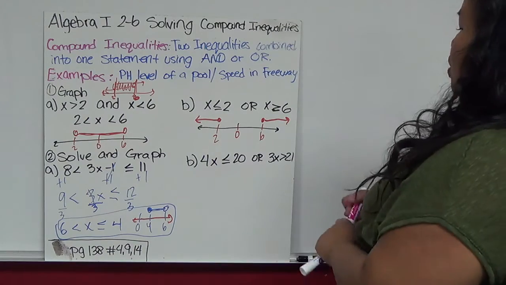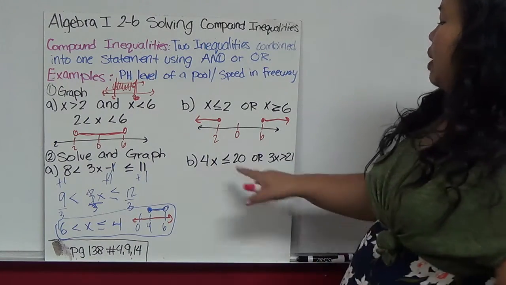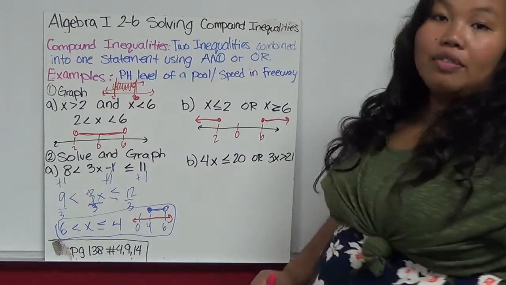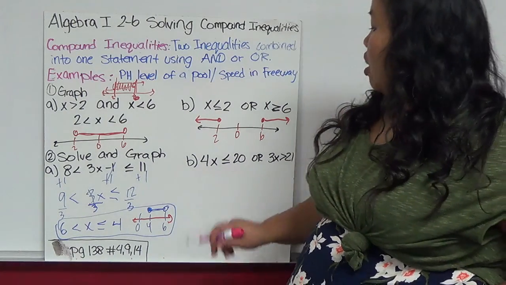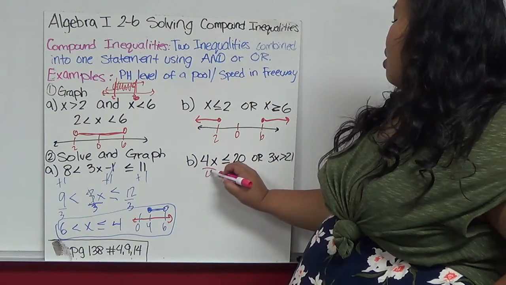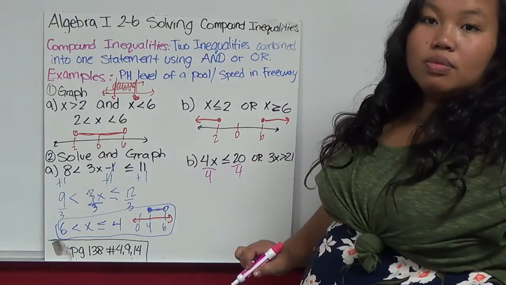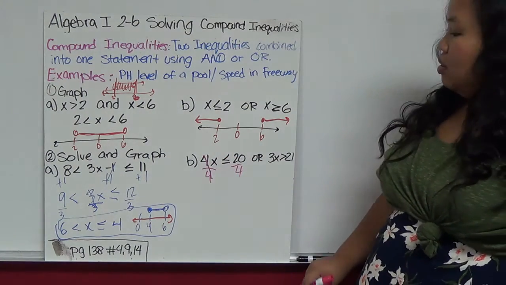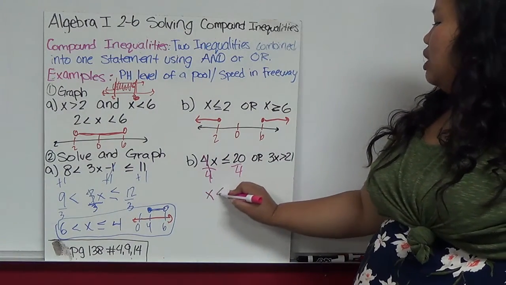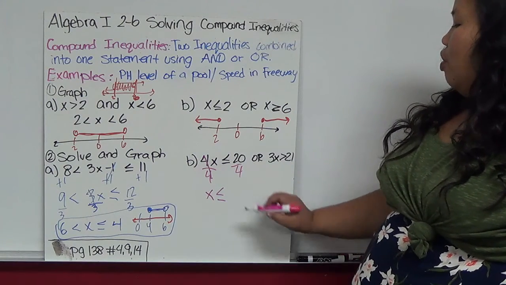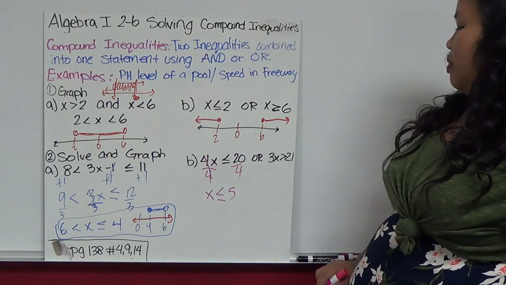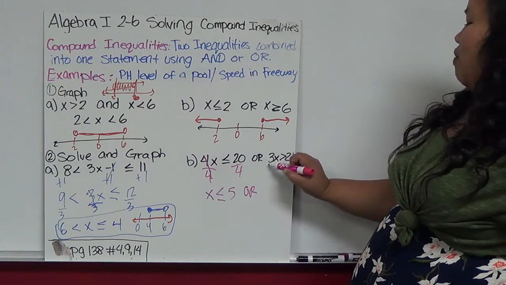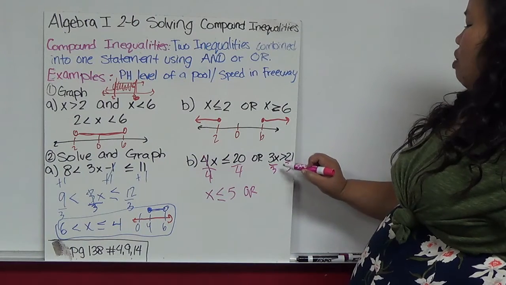Okay, let's try the next one. These ones are a little simpler because I just treat them like two separate problems. So if I want to solve for x here, I have to get rid of the 4. If it's being multiplied, well, I'm going to go ahead and divide both sides by 4. Okay, so if I'm dividing both sides by 4, I'm going to cancel this out. This gives me x is less than or equal to 20 divided by 4, which is 5. Okay, I'm going to bring that "or" down, and for this one, I'm going to do the same thing, dividing by 3 to get rid of it.